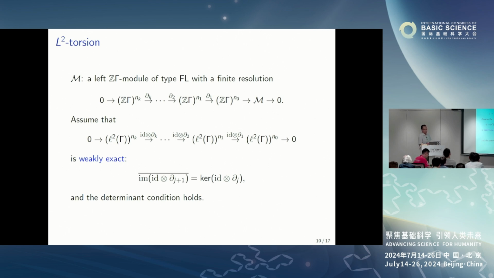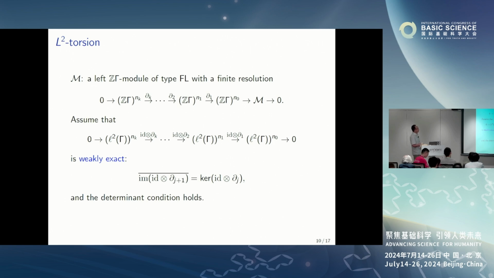So everything is bounded. In homological algebra, you might just want to ask what the difference is between the kernel and the image, right? But here you have functional analysis, so everything is bounded. You can ask what's the difference between the kernel and the closure of the image. And here we are assuming that they are always equal.